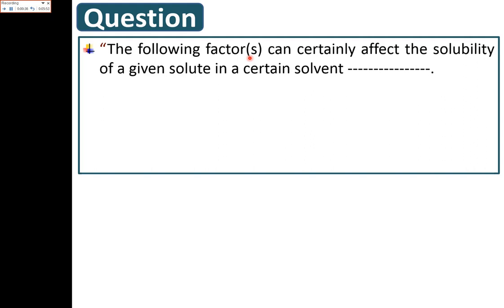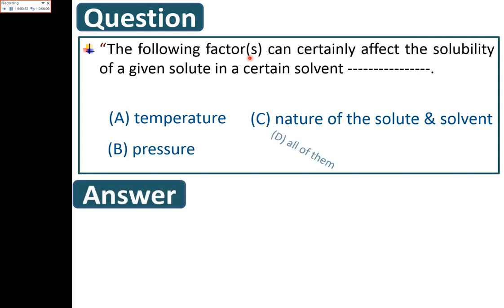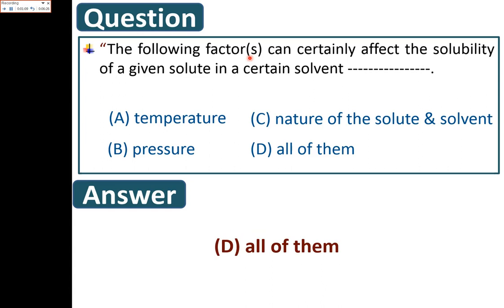So the following factor can certainly affect the solubility of a given solid in a certain solvent. Number one, the temperature. Number two, the pressure. Number three, the nature of the solid and solvent. Number D is all of them. Of course, the answer would be all of them. All of them will affect the solubility, and we studied the effect of every single one alone in the chapter of the solution. So the answer will be all of them.